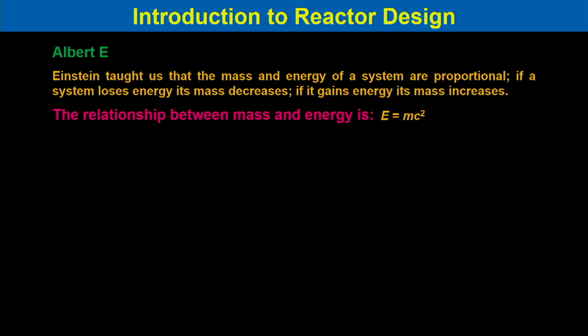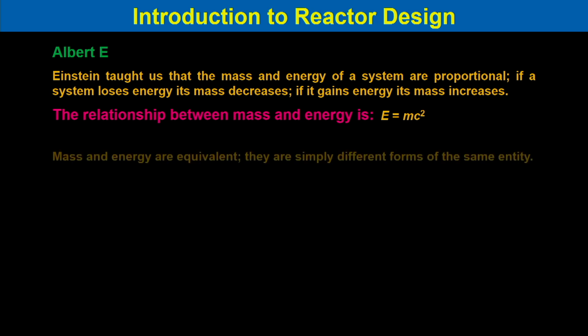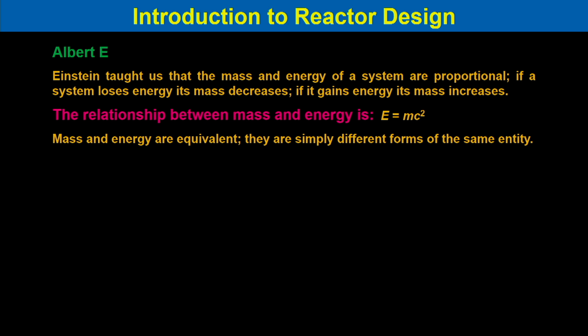So, the relationship between the mass and energy is given by E = mc², which is a well known equation. Now, from this relation we can see that mass and energy are equivalent and they are simply different forms of the same entity.